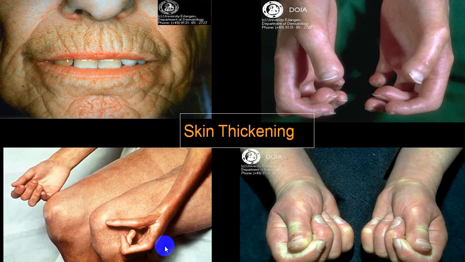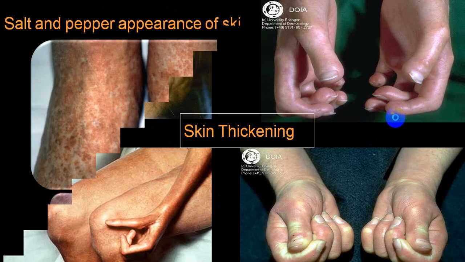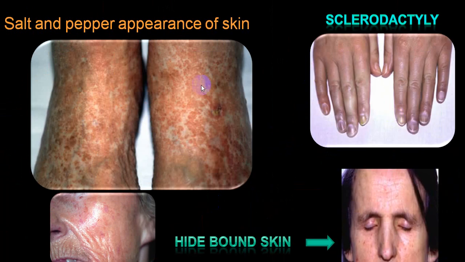Skin thickening, sclerodactyly. This is sclerodactyly. This is salt and pepper appearance. Hypopigmented, hyperpigmented. Sclerodactyly, typical. And you can see facial changes.